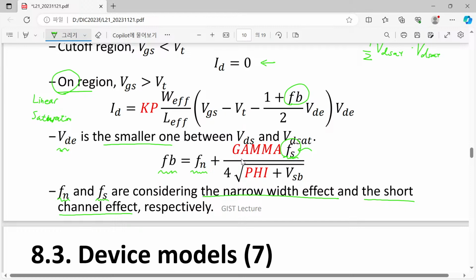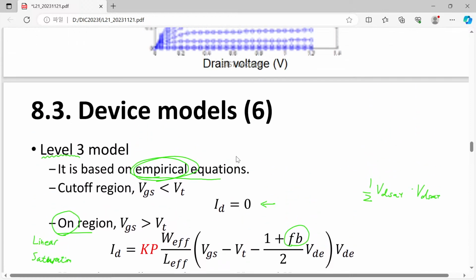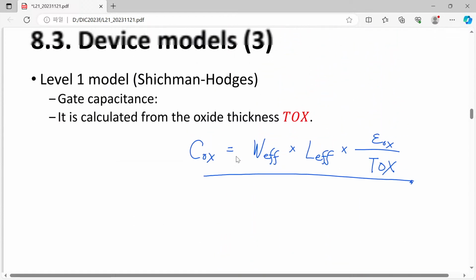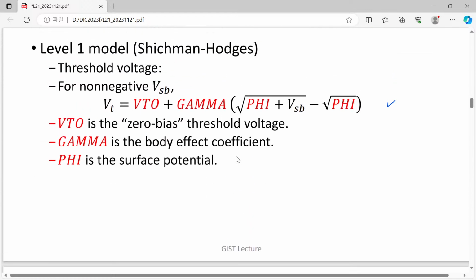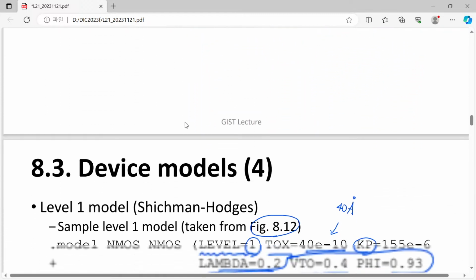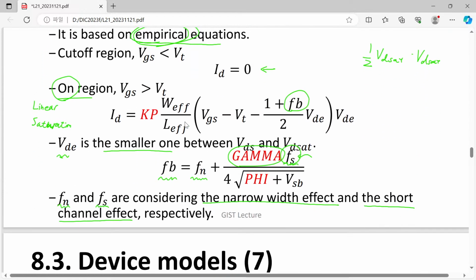You can see that this is related with gamma, and gamma was used to consider the change of threshold voltage with respect to terminal voltage. So this gamma is also used in this part. It's not that clear why we have this kind of thing, but this is really empirical and it worked.